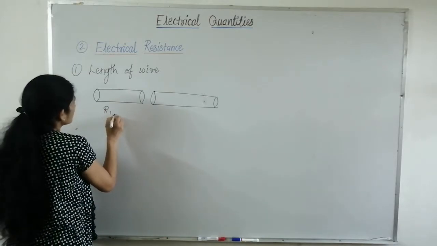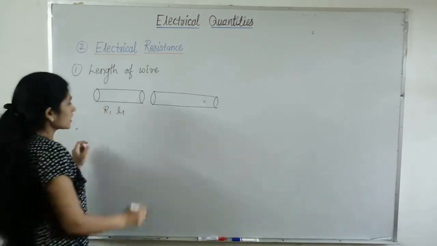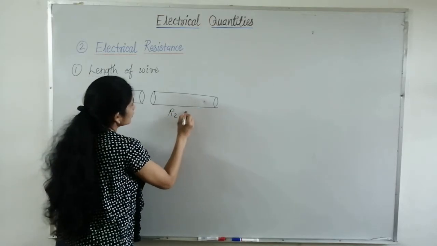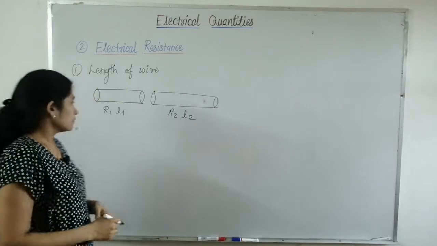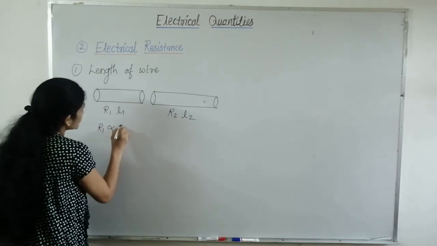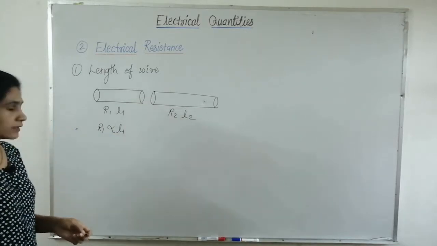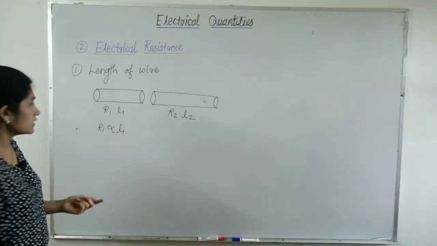Let R1 and L1 be the resistance and length of the first wire, and R2 and L2 be the resistance and length of the second wire. Then the resistance of a wire is directly proportional to its length. It means if length increases, resistance also increases.